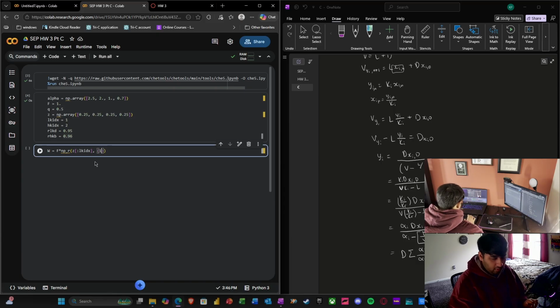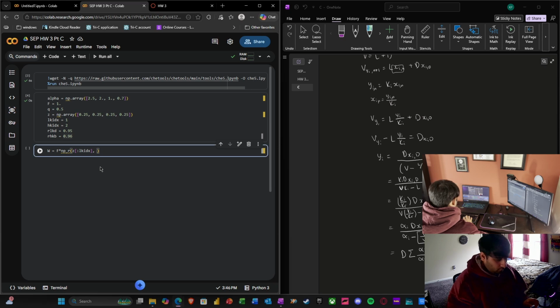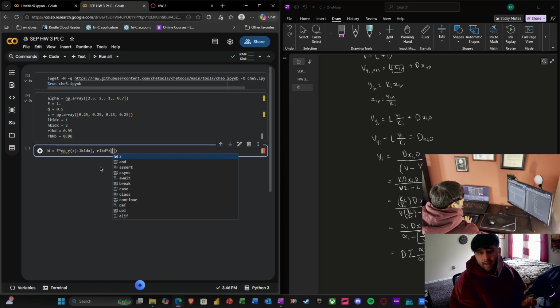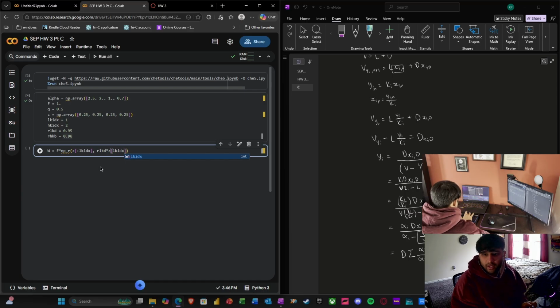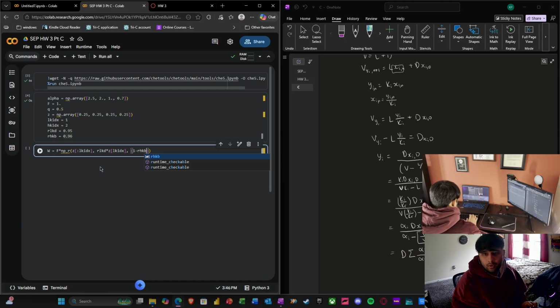Then we're going to have 1 minus RLKD times our Z at our light key, and then we'll have 1 minus RHKD times our Z at our HKIDX.